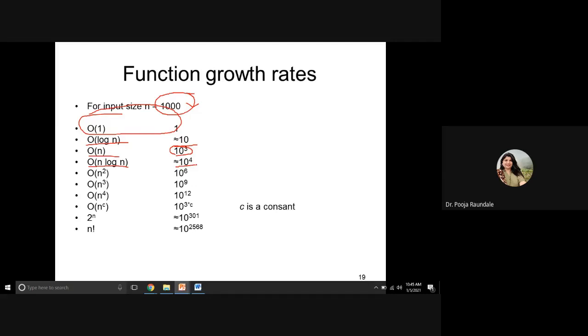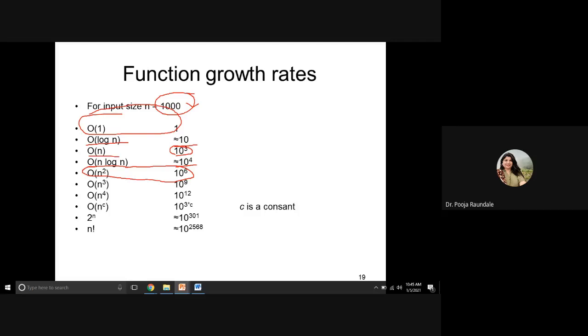right? So if you are doing a searching or a sorting or a matrix multiplication or whatever, whenever we say order n square, and your n is 1000, your algorithm will have 10 raised to 6 steps to execute.